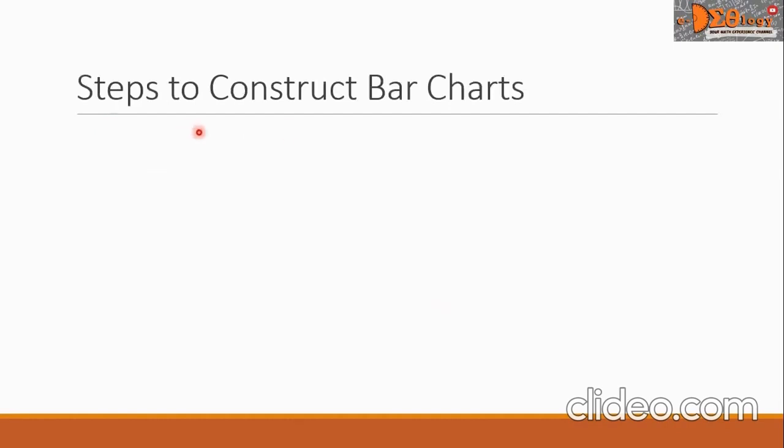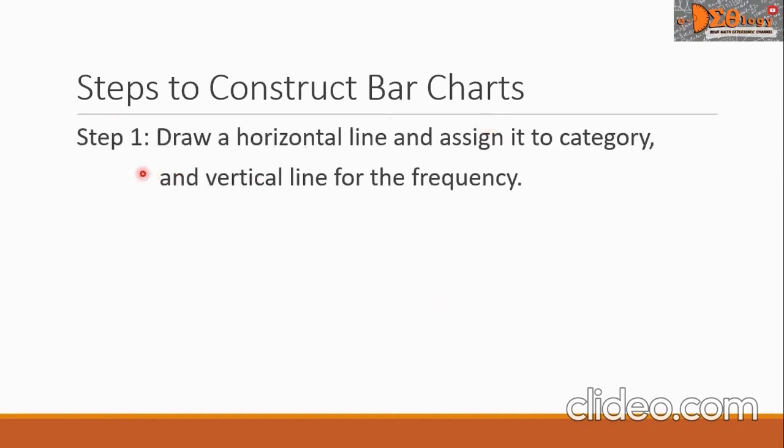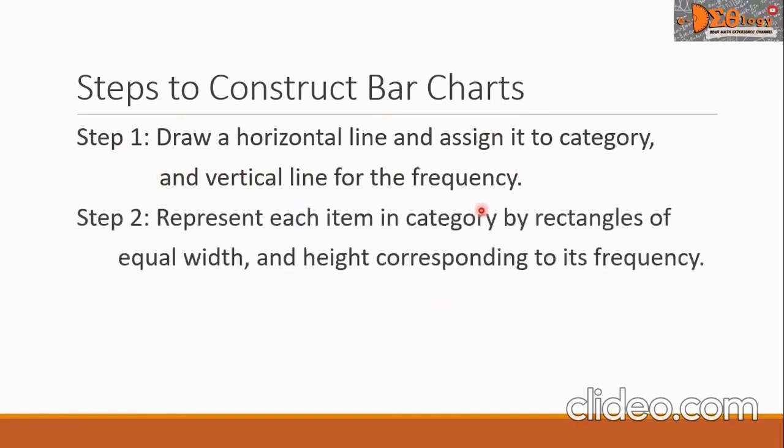These are the steps to construct bar charts. Step 1. Draw a horizontal line and assign it to category, and a vertical line for the frequency. Step 2.